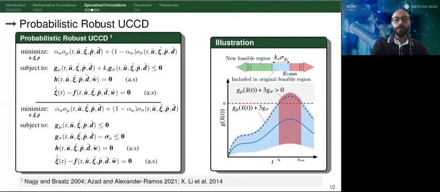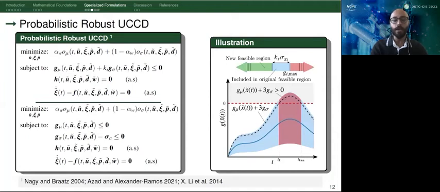Another formulation is the probabilistic robust formulation, in which the objective function is a combination of the mean values as well as the standard deviation of the original objective function. The vector of inequality constraints are generally shifted with k sigma in order to acquire a certain level of robustness.